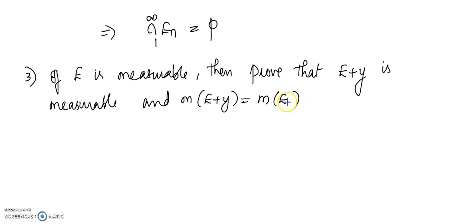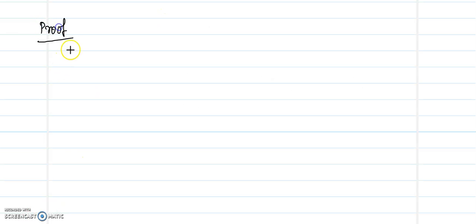അപ്പോൾ നമുക്ക് E measurable ആണെന്ന് തന്നിട്ടുണ്ട്. Now we need to show that E plus y is measurable. അത് നമ്മൾ ലാസ്റ്റ് പ്രപ്പോസിഷനിൽ കണ്ട റിസൾട്ട് ആണ് നമ്മൾ യൂസ് ചെയ്യുന്നത്. So we can find an open set which contains E such that m star of O minus E is less than epsilon if E is measurable. So the proof is as follows.